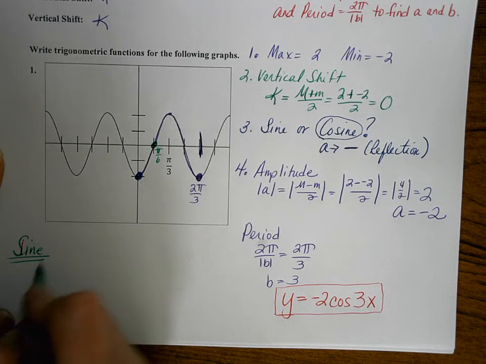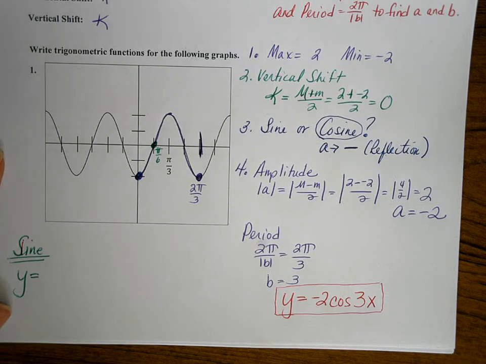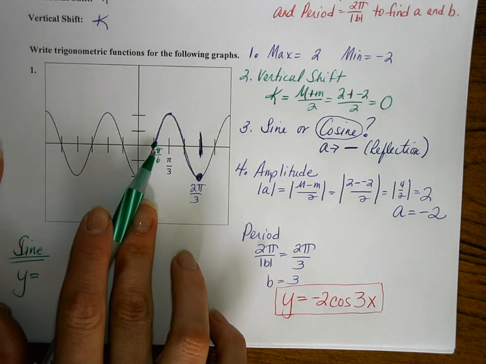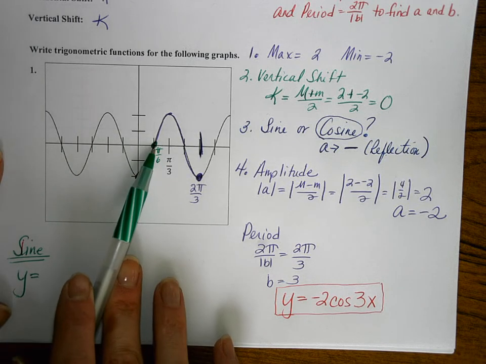So if I wrote that equation, y is equal to my a, I got a question for you. Is my a going to be the same? Is the amplitude 2? Yes. Now, if I start with sine, is there a reflection? If I start sine right here, will there be a reflection?